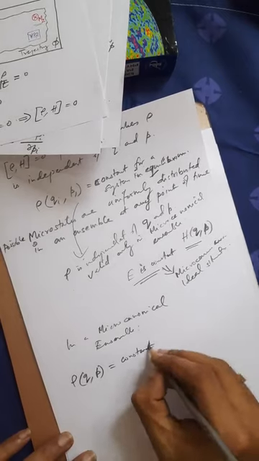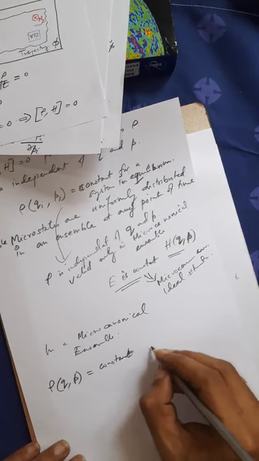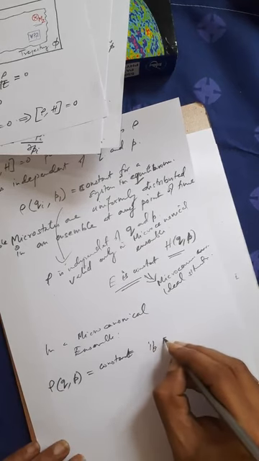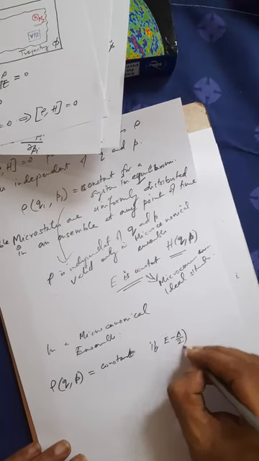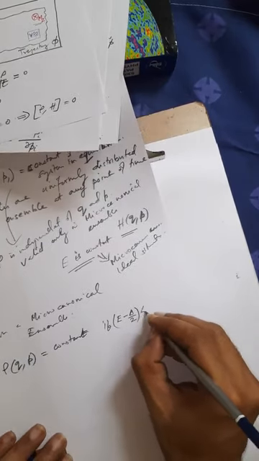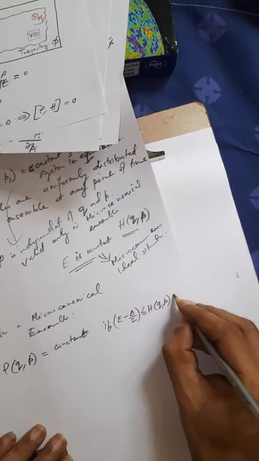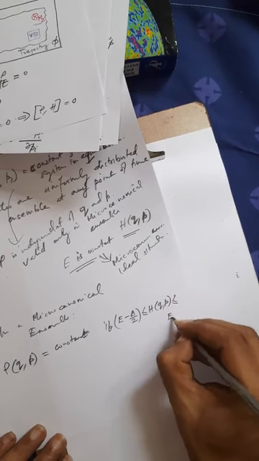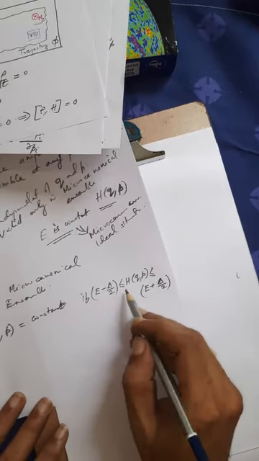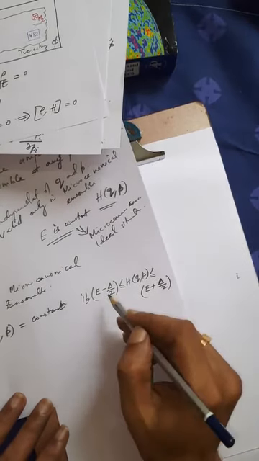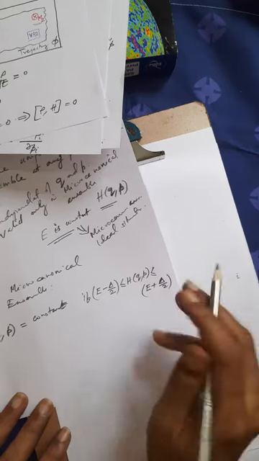Under what condition? If my H of QP is lying between a particular constant value, E minus delta by 2 to E plus delta by 2.